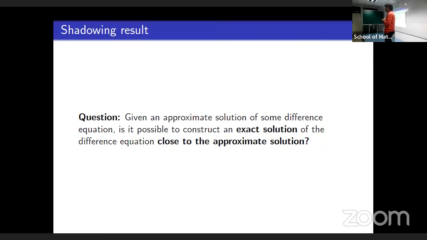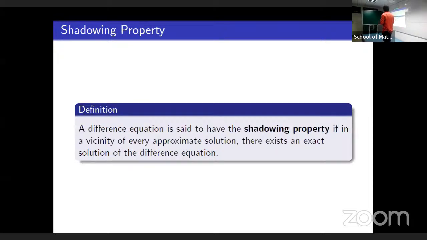If we can always construct an exact solution in the vicinity of the approximate solution, then we say that the difference equation satisfies the shadowing property.